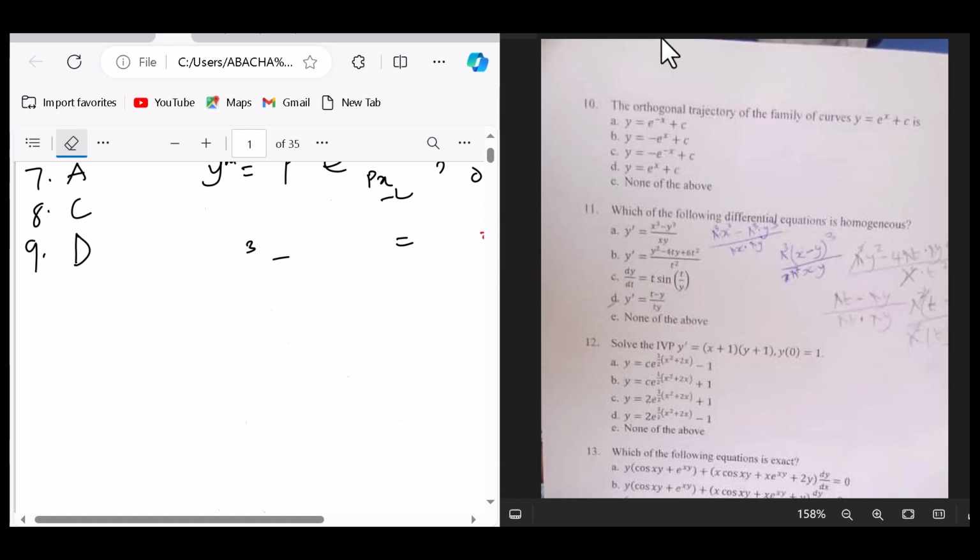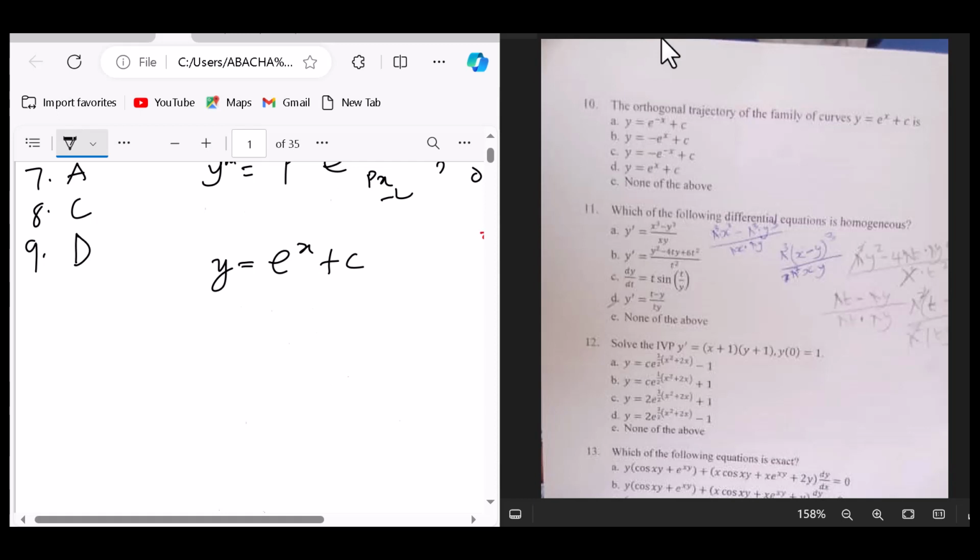So this one is the orthogonal trajectory of a family of curves, y equals e power x plus c. We are asked to find the orthogonal trajectory. Of course, we all know what the orthogonal trajectory will be.